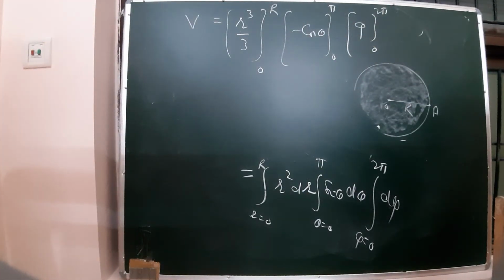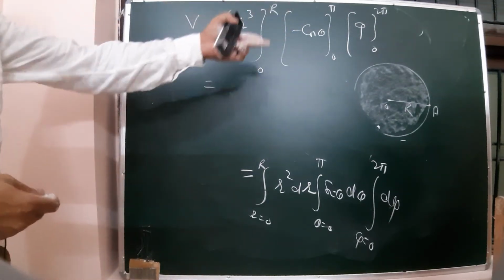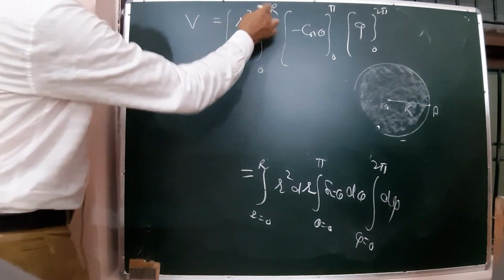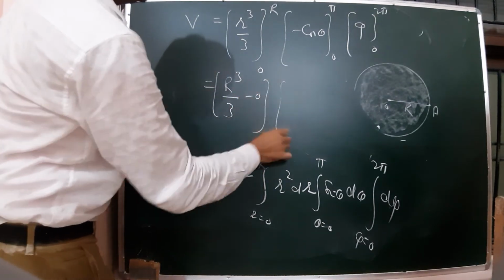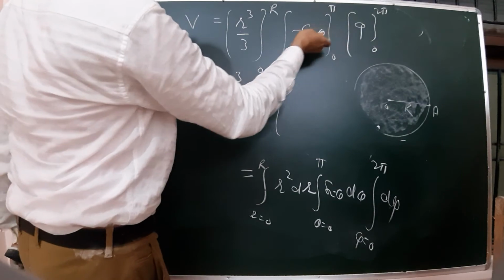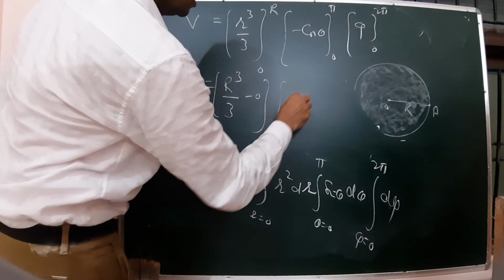Is it clear? So, on putting the limits, that is upper limit minus lower limit, you will get R cube by 3 minus 0, and for this one, minus cos pi minus minus cos 0, and ultimately it is 1 plus 1.